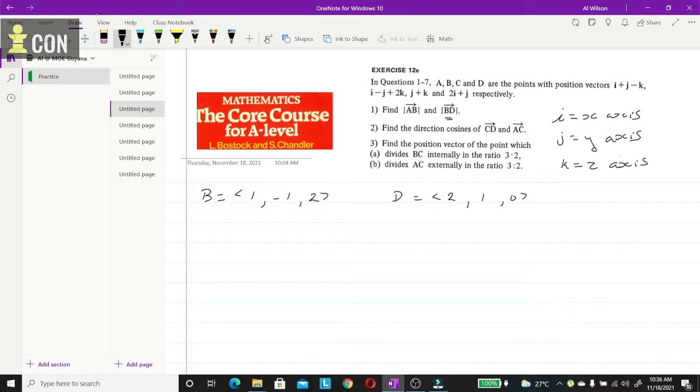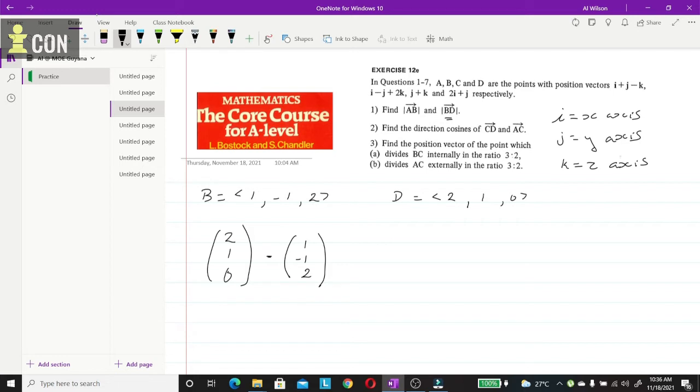Okay, so what we are now going to do is similar to what we've just done. We're looking for the vector component, so writing D first, we have 2, 1, 0, minus 1, minus 1, 2.